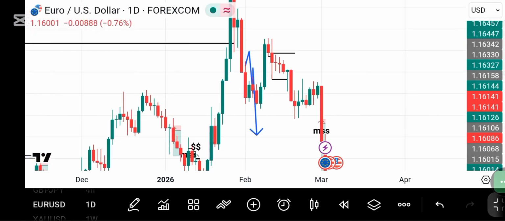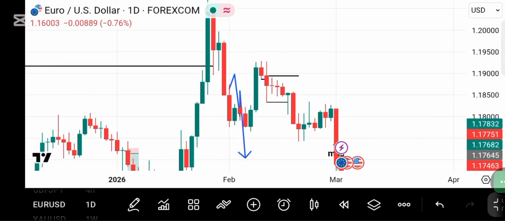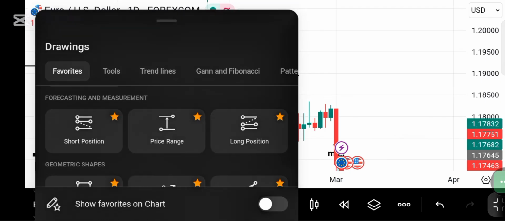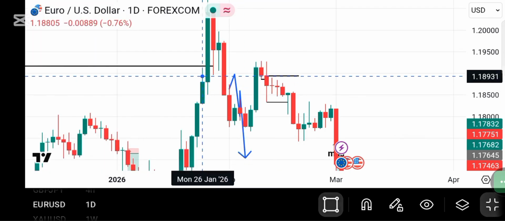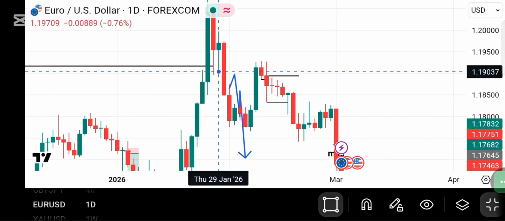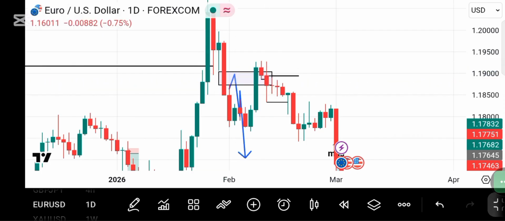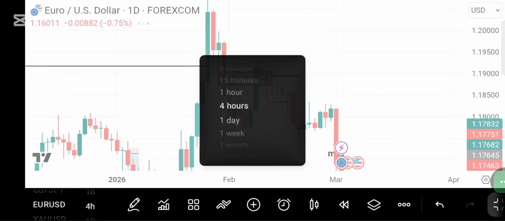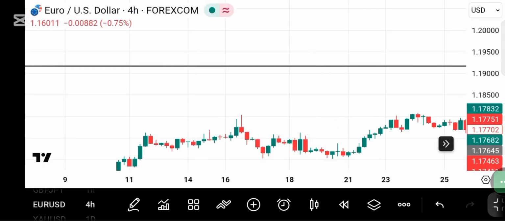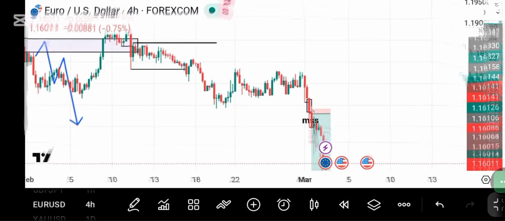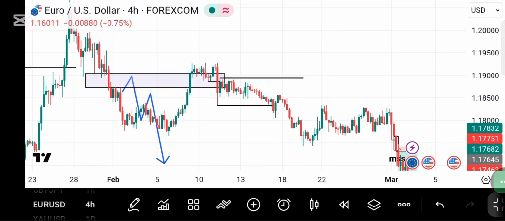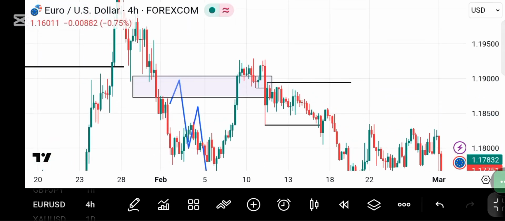So I was actually trying to sell from this daily fair value gap here, but for some reason Euro USD has not really been printing out good prices. Like if you check on the 4 hours in that point of interest there, you'll see that inside of this fair value gap price was just acting randomly.